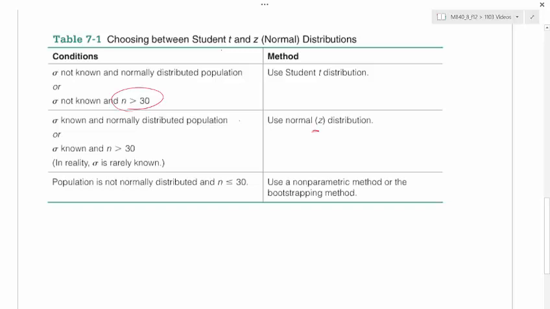Again, this middle case happens very rarely. In reality, we don't know this very often. So we are not normally using z.